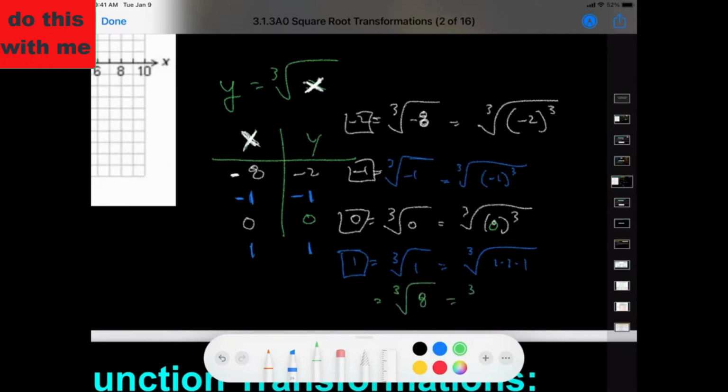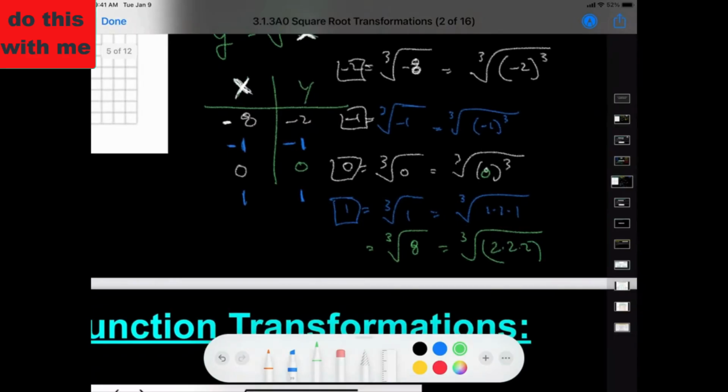This would be 2 times 2 times 2, or 2 to the 3rd power. And those 3's would cancel there, and you're left with just 2. So if I put in 8, I get 2.